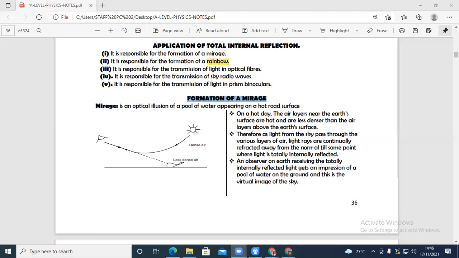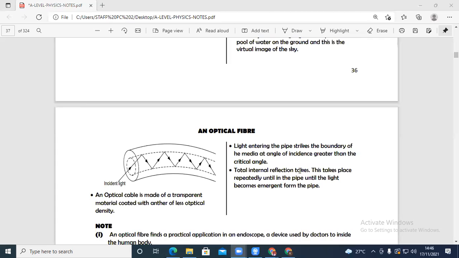So the observer receiving the totally internally reflected ray gets an impression of a pool of water on the ground, which is a virtual image of the sky.